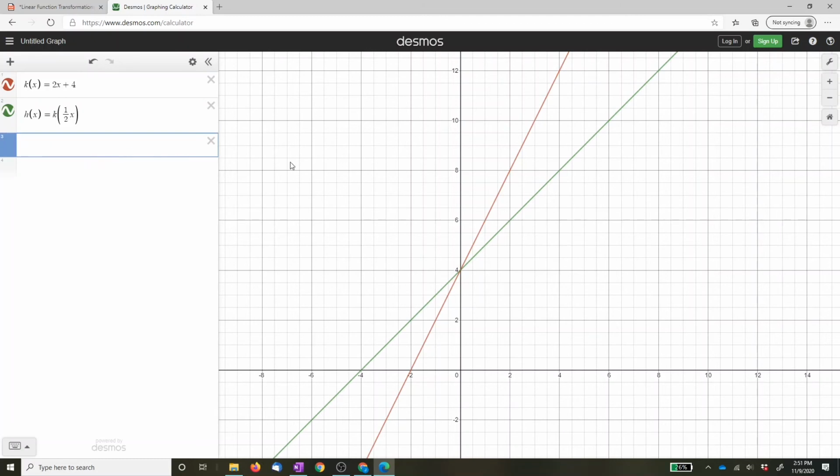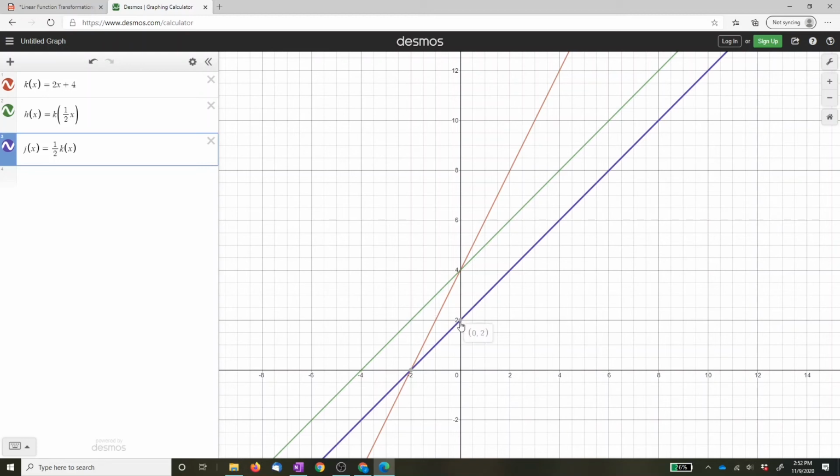Let me make one more change, and let's make a new function called j of x, and that one's going to equal a 1/2 on the outside times k of x. This purple line is like what we did yesterday.